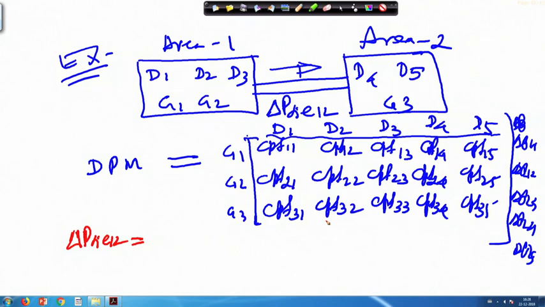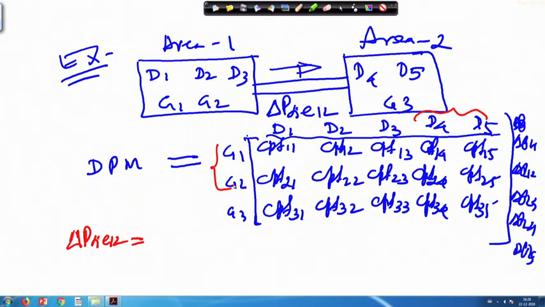So, D4 and D5 are in area 2, and they will draw power from G1 and G2. These two GENCOs are in area 1, right.